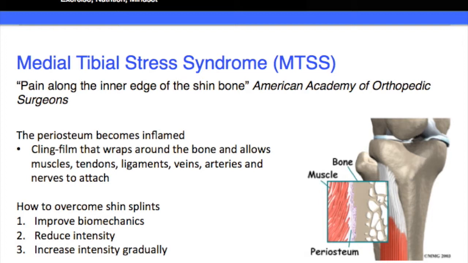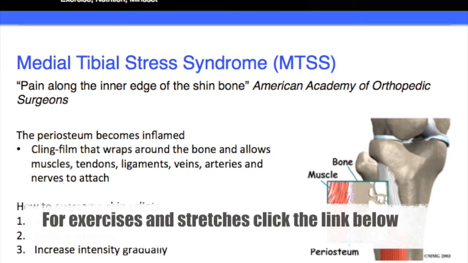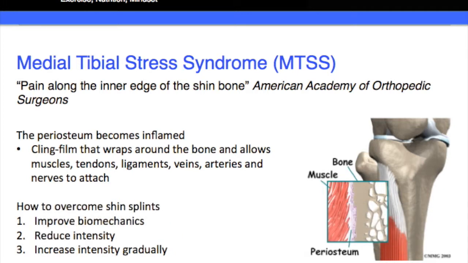How we overcome this inflammation of the periosteum is by improving the biomechanics. Biomechanics is how you walk and how you run, so we need to improve those. It can be caused by an increase in intensity. For instance, if you're training for a marathon and then all of a sudden you increase the mileage that you do, we get an increase of impact going through that bone.